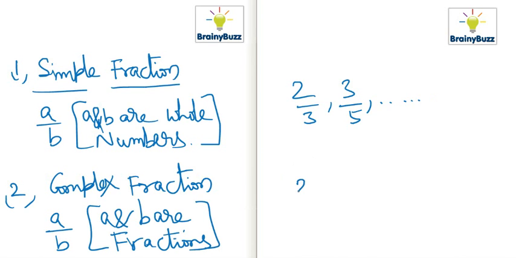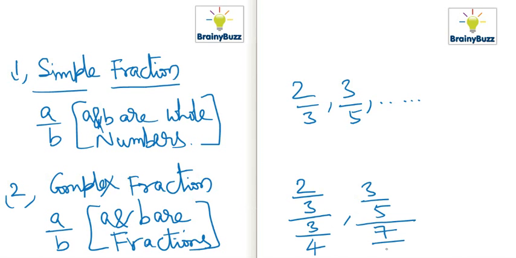For example, 2 by 3 over 3 by 4, these are two fractions, or 3 by 5 over 7 by 4, and so on.